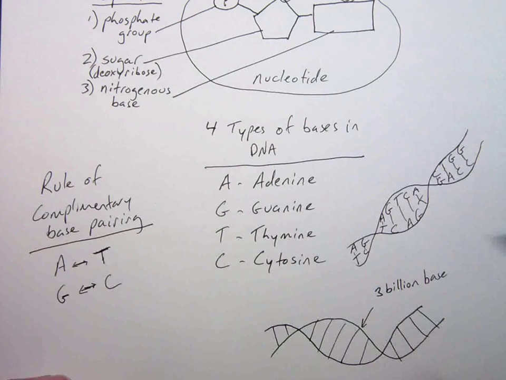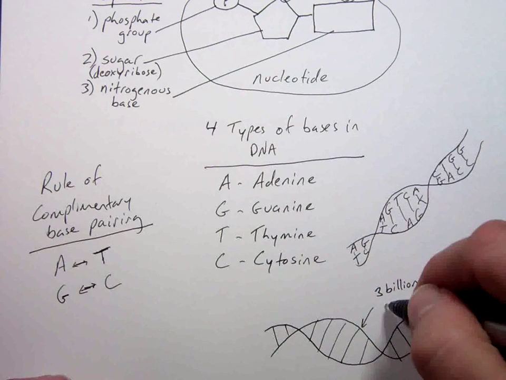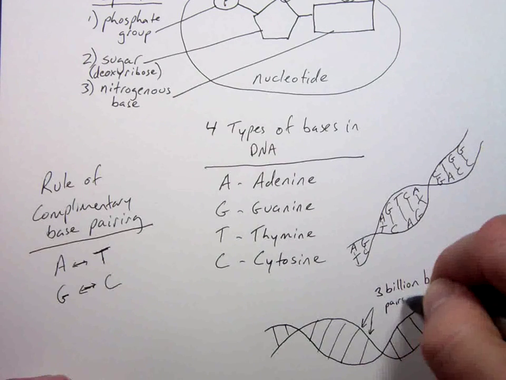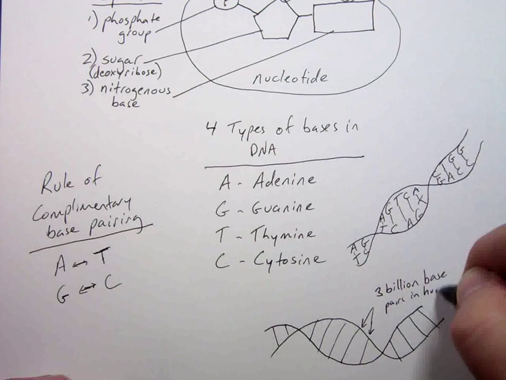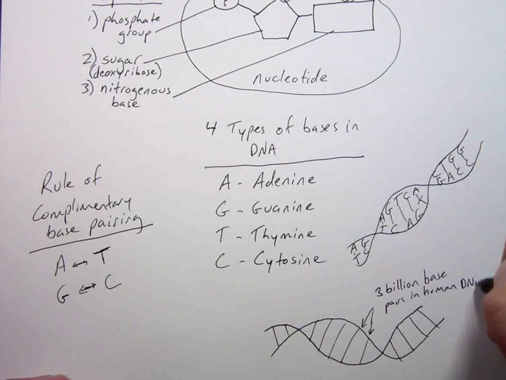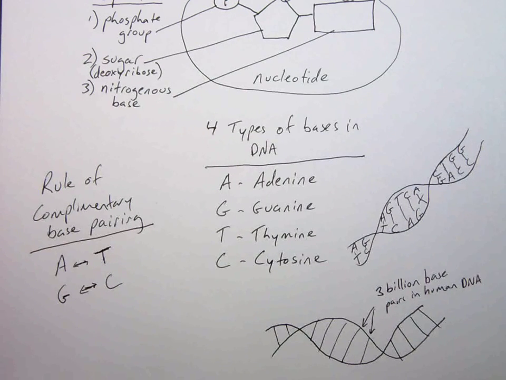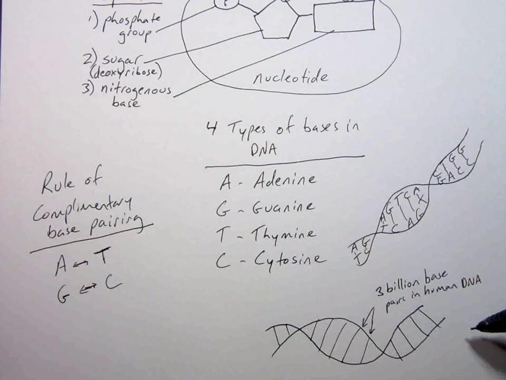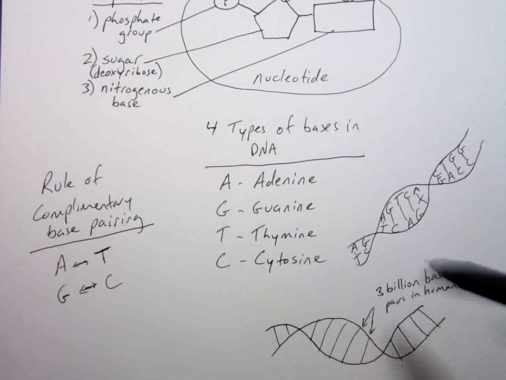That's what's called a base pair. 3 billion base pairs in human DNA. That means in every one of your cells, there's a strand like this that has 3 billion little rungs on its ladder.